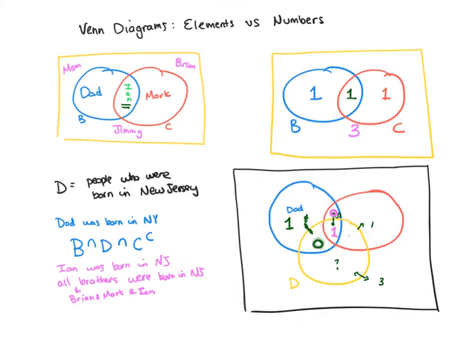Okay, so that's Mark moving into the New Jersey category, so there are 0 people out here. And then Brian was born in New Jersey as well, so he is in here. But I didn't tell you about my mom, right? So we don't know where she is. Turns out she was also born in New Jersey. So now that's 2, so we'll have 2 people out here.